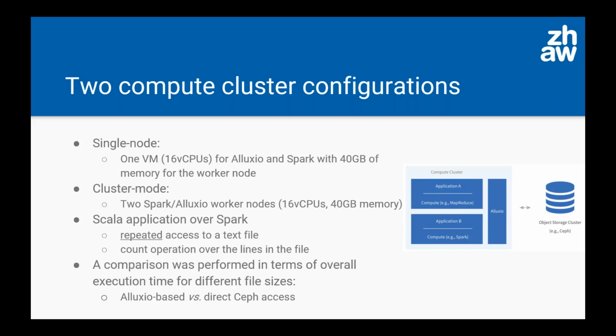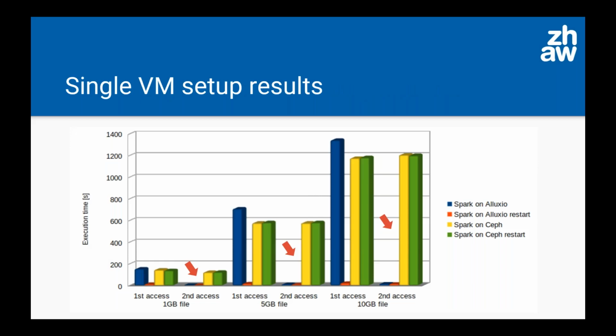In general, the comparison we made was in terms of overall execution time, and we compared different text file sizes: 1 GB, 5 GB, and 10 GB. The main comparison was an Alluxio-based approach against direct Ceph access to the text file. In the next couple of slides, I will show the results that we obtained.